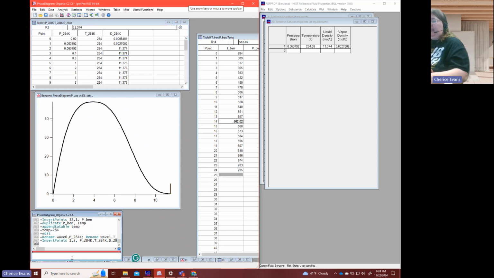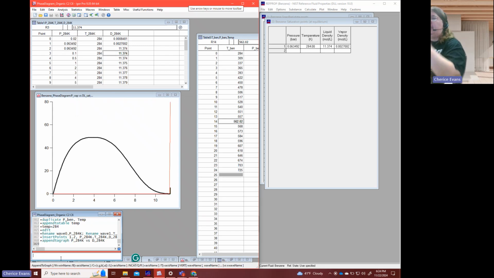And now when I append these to this graph, when I append to graph the pressure, 284 K, versus the density, you'll see I get a nice straight line with a slight angle to it, and then I get a little bit of a vapor pressure line.